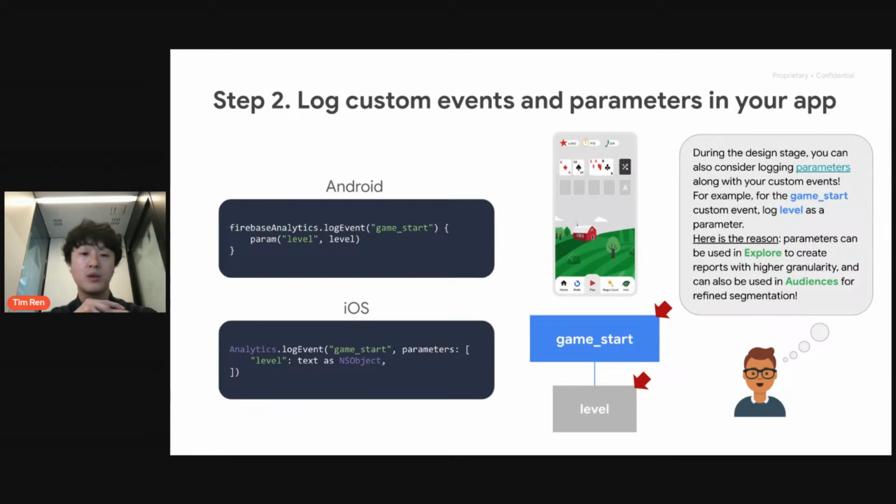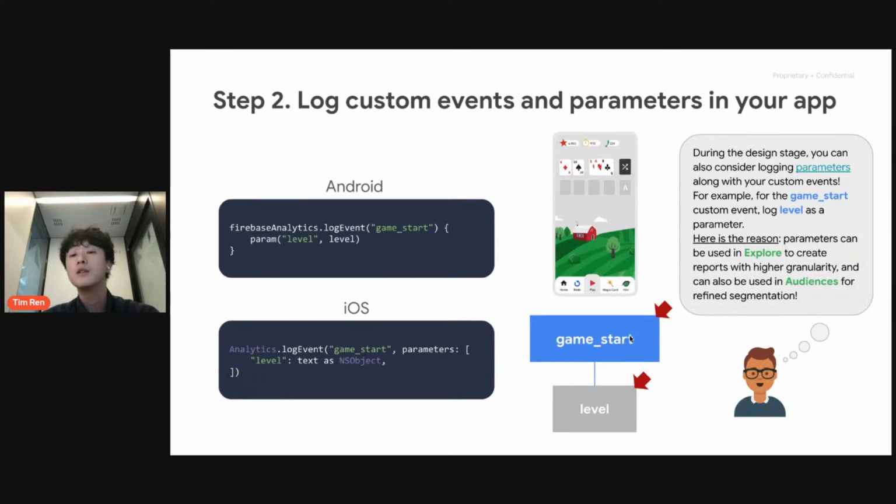I know some of the other tools do very similar things, but with Firebase, what's cool is that you can not only log an event, but you can associate sub data with every single one of these events. We'll talk about why it is important, because these parameters will turn into dimensions that can enrich and make your analysis a lot more comprehensive compared to only logging a basic event like this one.